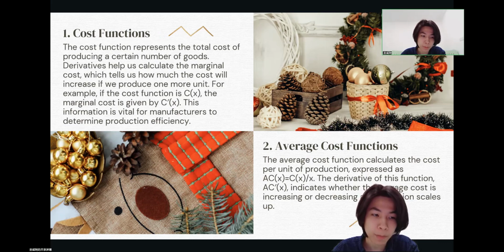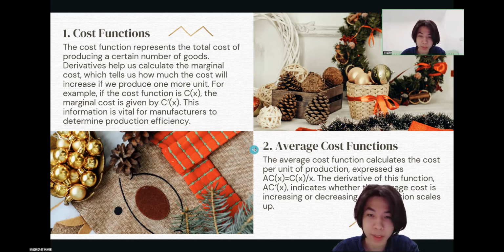For example, if the cost function is C of x, the marginal cost is the derivative of C with respect to x. This information is vital for manufacturers to determine production efficiency.